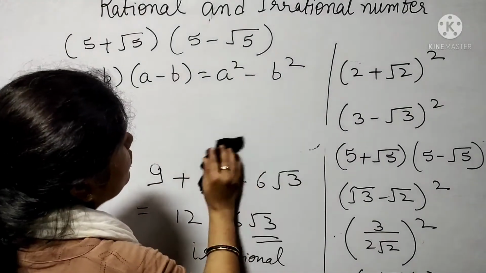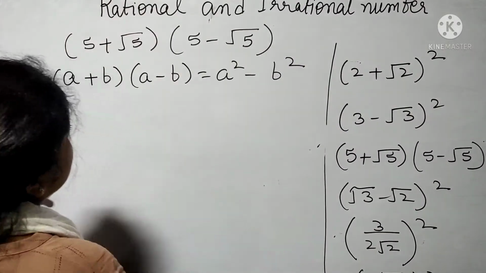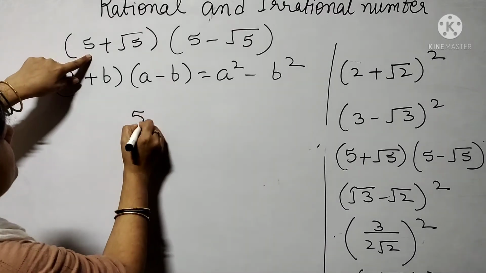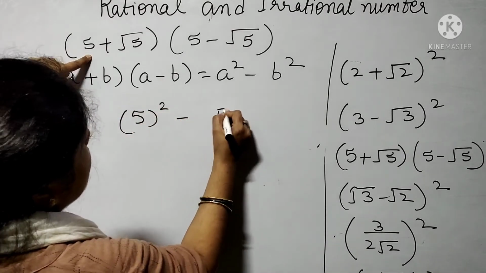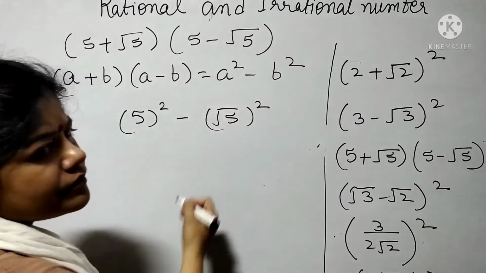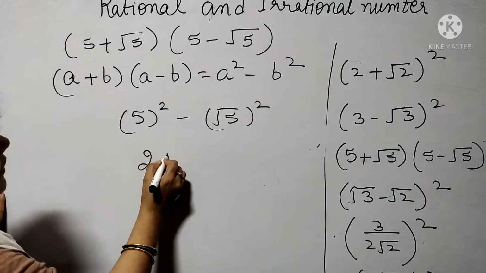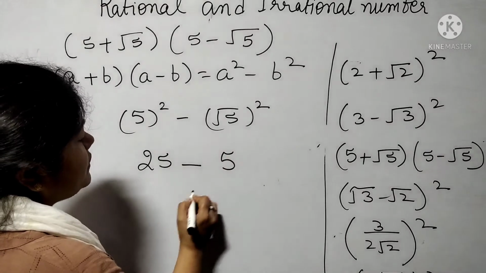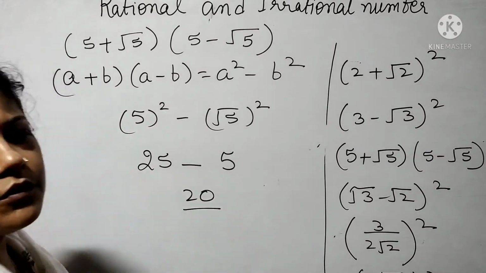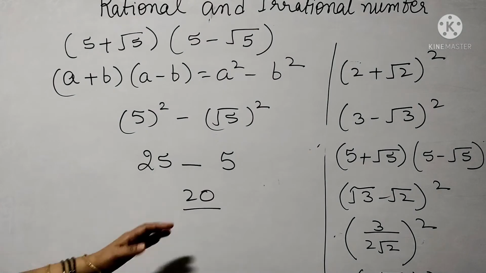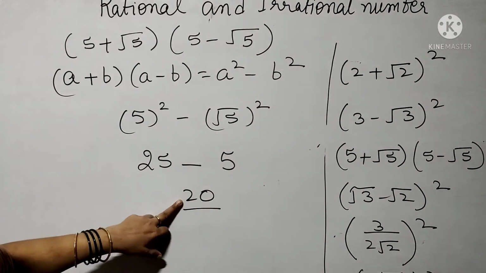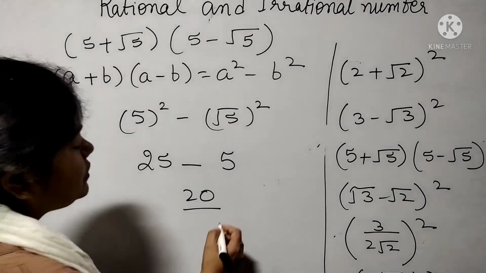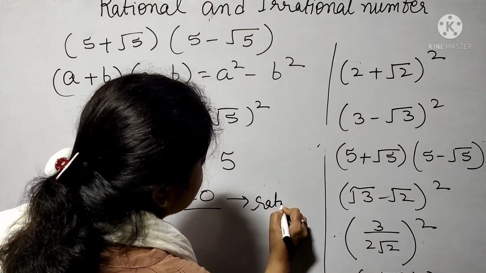So using this formula, what is the result? 5 square minus under root 5 square, which is equal to 25 minus the square of under root 5, which is 5, which is equal to 20. So this is a pure rational number. It doesn't have any square root. So this is what? A rational number.